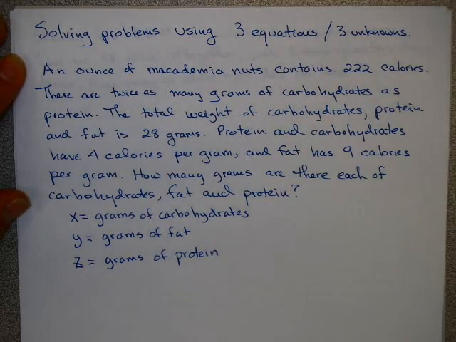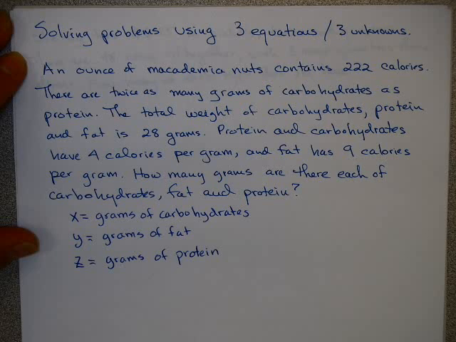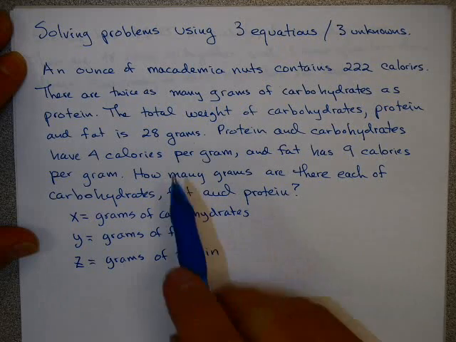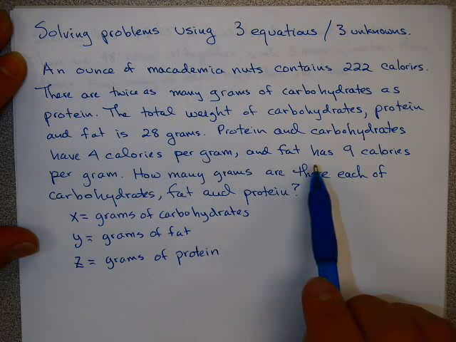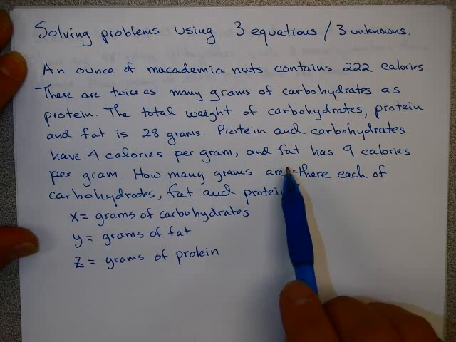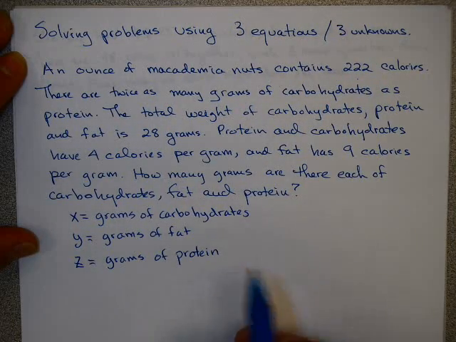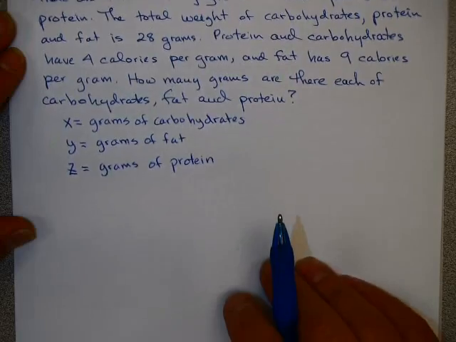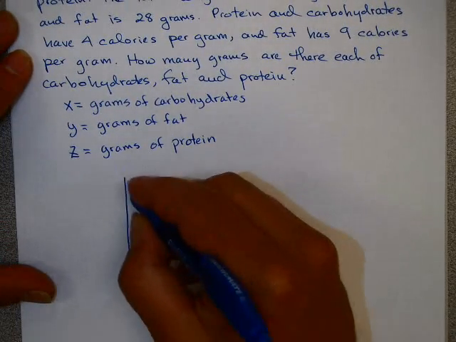Now, what do I know? Well, I know that my total weight is 28 grams, and I know that the protein and carbohydrates each have 4 calories, and that fat has 9 calories per gram, and I know that the total is 222 calories. It might be useful in this problem if I made a table, and here's the table I'm going to make.